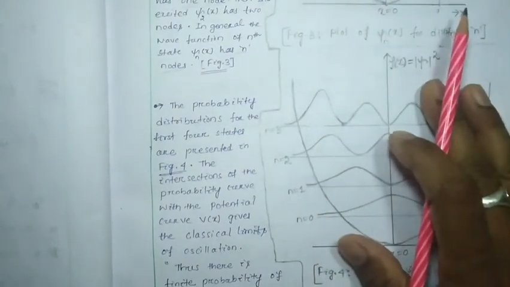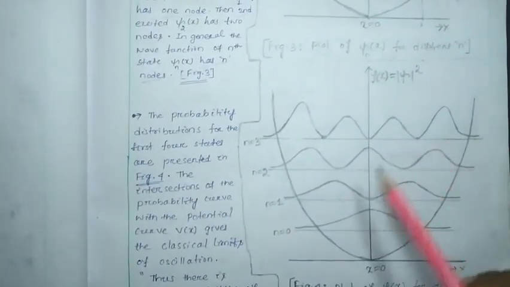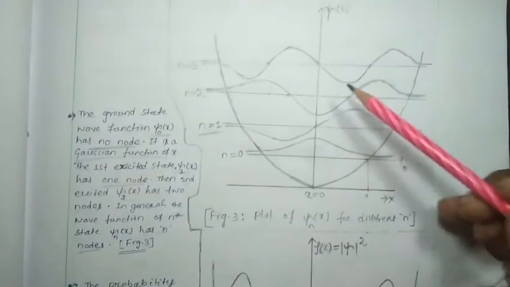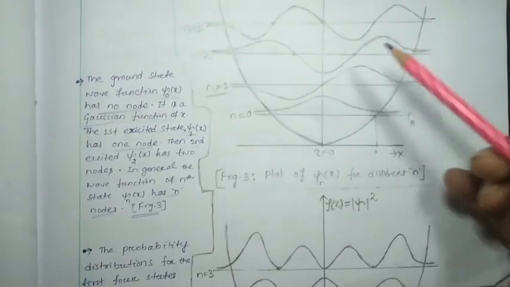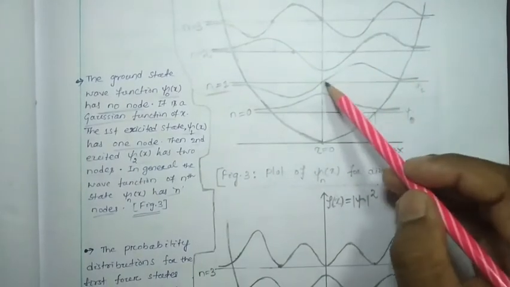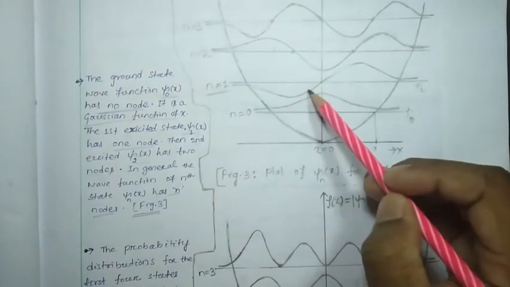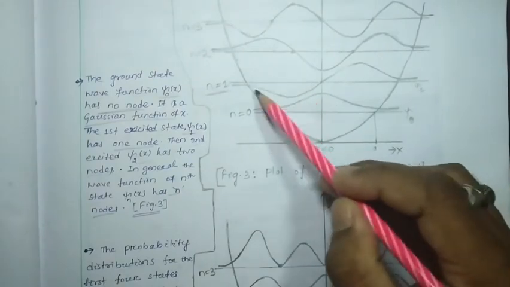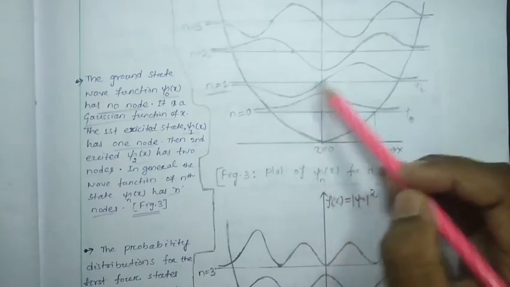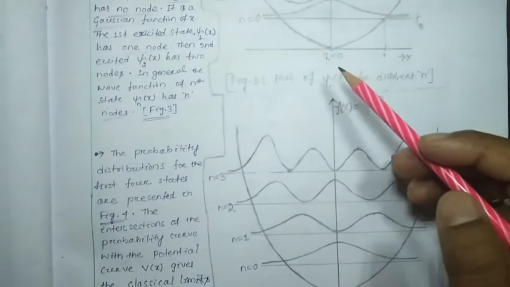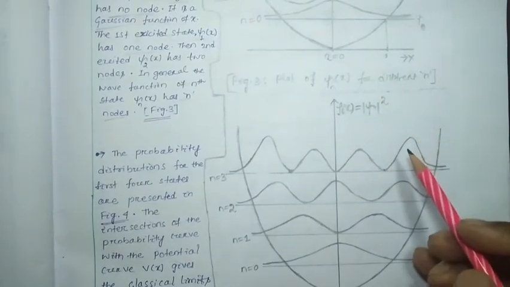This is the representation of the probability distribution of the corresponding wave function. The probability distribution will always be positive. So here it is positive and this will be negative. Suppose this is your psi imaginary part, this is the real part, but we know that the probability density will always be positive, so it will be like this.